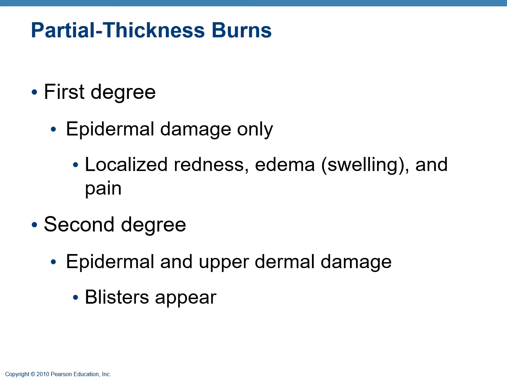With a 2nd degree burn, you're going to have both epidermal and upper dermal damage, and a blister is actually going to appear. So this would be typical of, say, touching an oven rack accidentally. Maybe your oven mitt is damaged, or maybe you're just touching the surface that you just didn't realize was hot or accidental. The blisters are actually going to show separation between your epidermis and dermal layers.